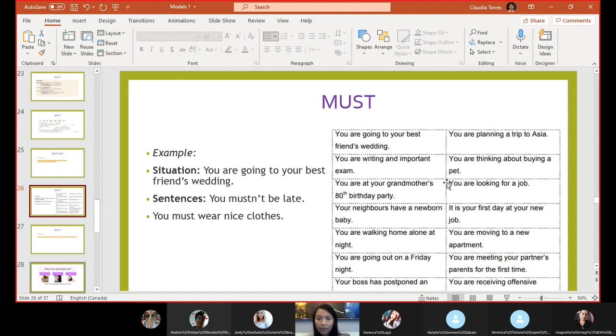And then Silvana says some things that she must do. Does that make sense? For example, you must bring the passport. Sorry, I couldn't hear you.